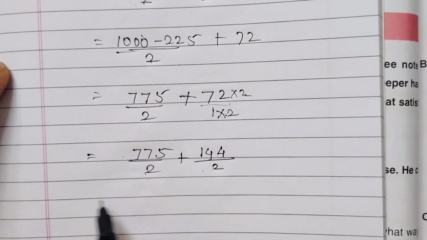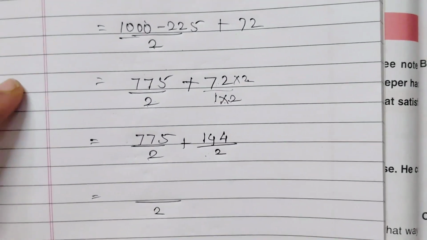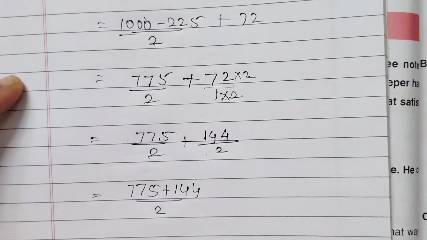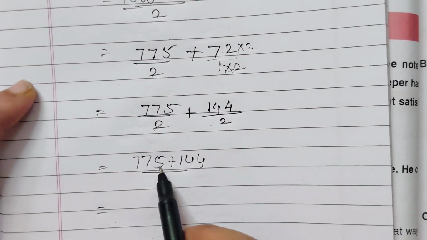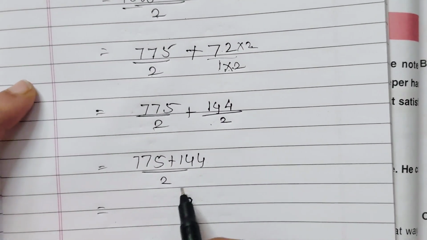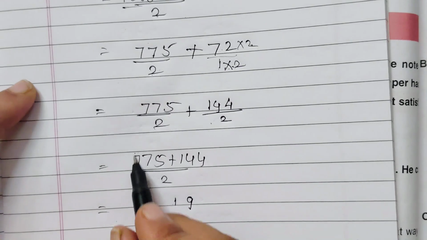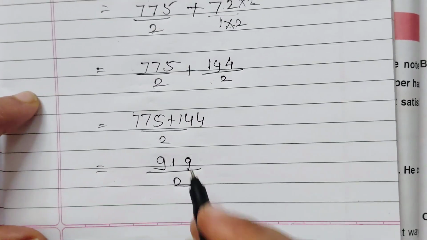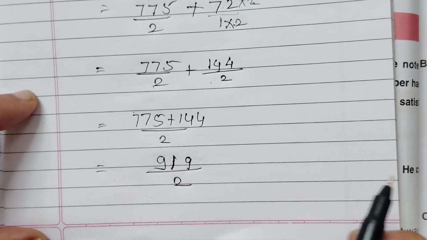Now we have same denominators, we'll write it as common. And up we have 775 plus 144. When we add, 5 plus 4, 9. 7 plus 4, 11, plus 1. 7 plus 1, 8. 919 upon 2 we got.